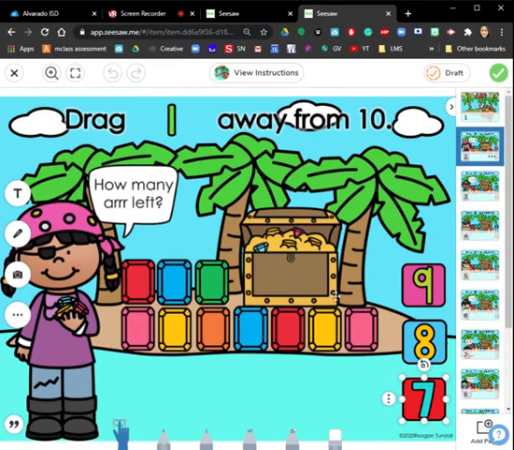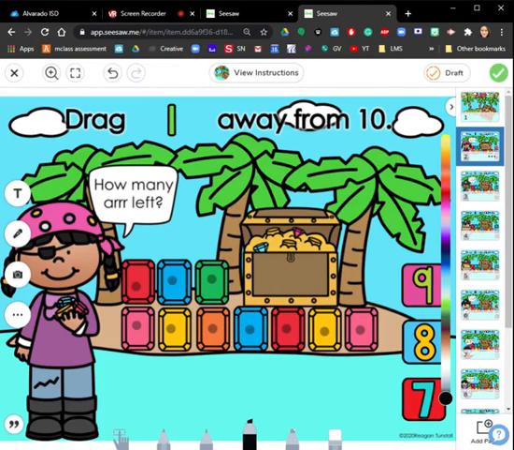So first, let's make sure that there are indeed 10 gems. Let's count them. 1, 2, 3, 4, 5, 6, 7, 8, 9, 10. There are 10 gems, or also known as jewels. So there are 10 jewels from the pirate.